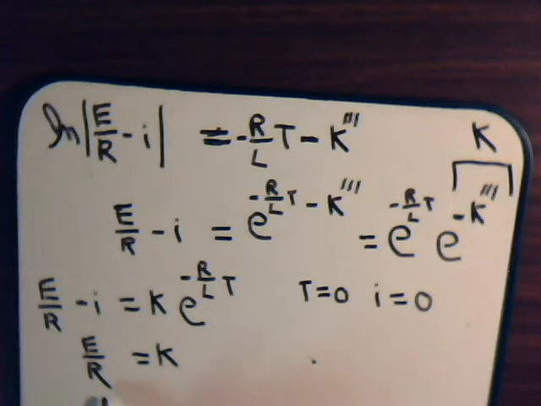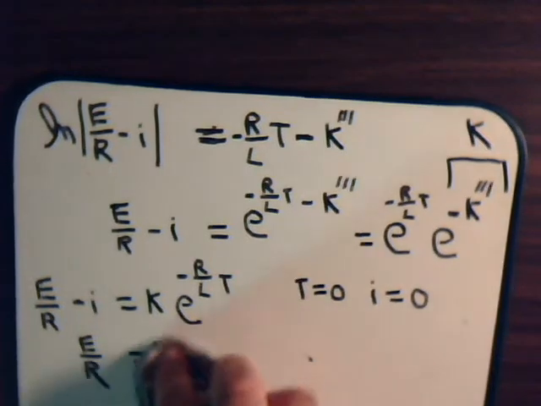It's E over R. So let's write it in place of this. And again, we determined that just by using our initial conditions, that when t equals 0, then I equals 0. So take this K out and put E over R in its place.